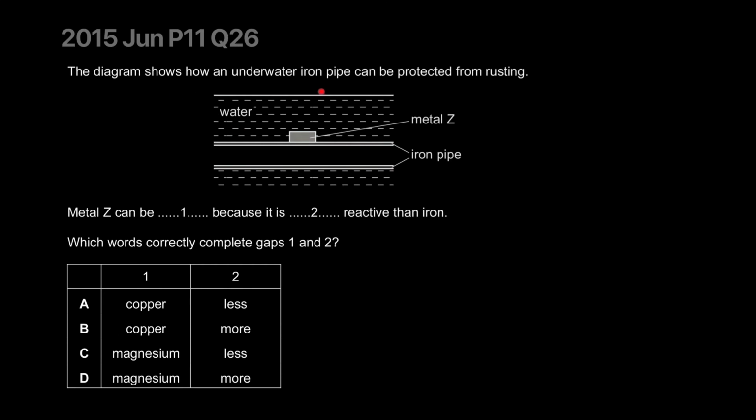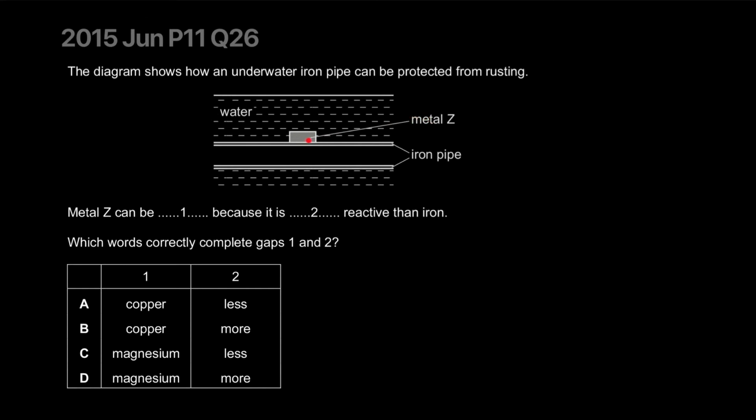The diagram shows how an underwater iron pipe can be protected from rusting. So this is iron and they've put a metal Z on it, and they're trying to refer to the sacrificial property of metals, which means that if a more reactive metal is attached, welded, right? I hope you guys know what welding is. Welded onto iron, especially you see this not on pipes, but like on the bottom of ships, right?